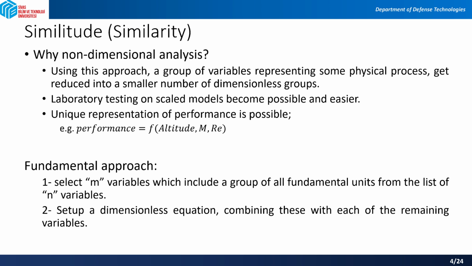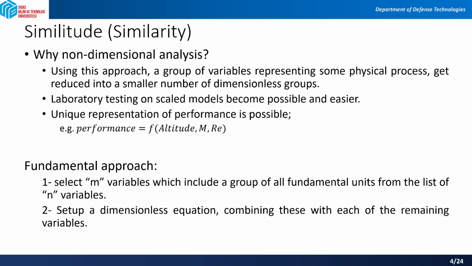First, you had to select m number of variables, which include a group of all fundamental units. So all fundamental units have to be there from the list of total n variables. And then you have to set up a dimensionless equation, right? Remember, you had to set up a dimensionless equation and combine these with each of the remaining variables.